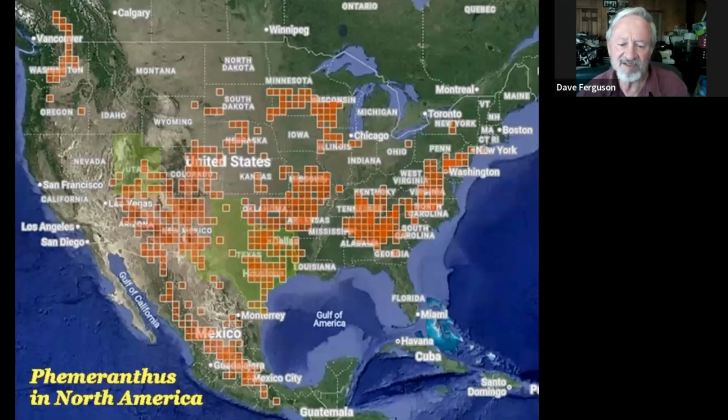A few traits I'll point out as we go along, but I'll mention them now, about what makes a Phemeranthus as opposed to other members of the Montiaceae family. The seeds have a membranous aril coating. It's an outgrowth that covers the seeds as they develop.